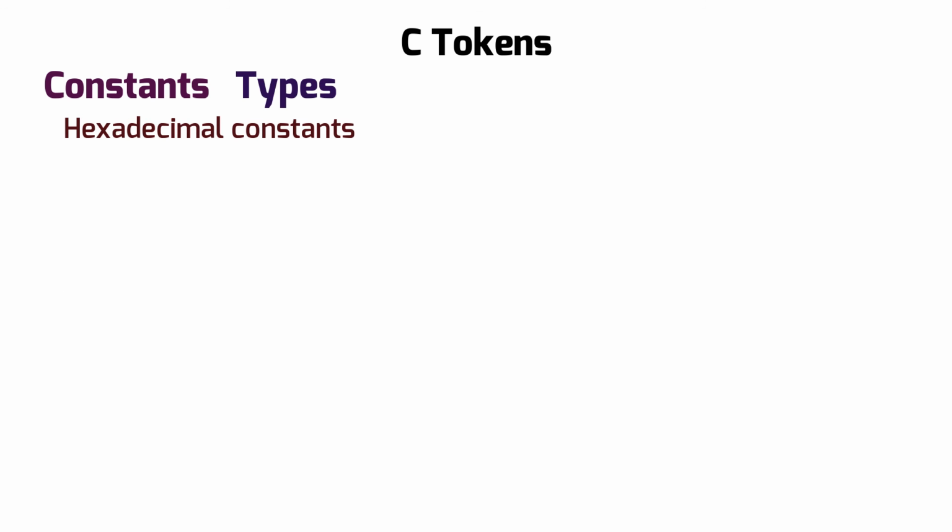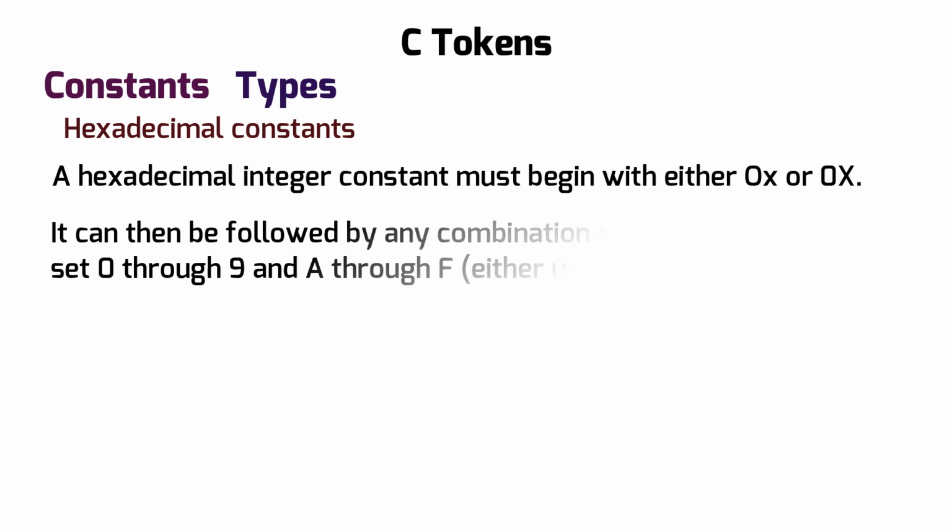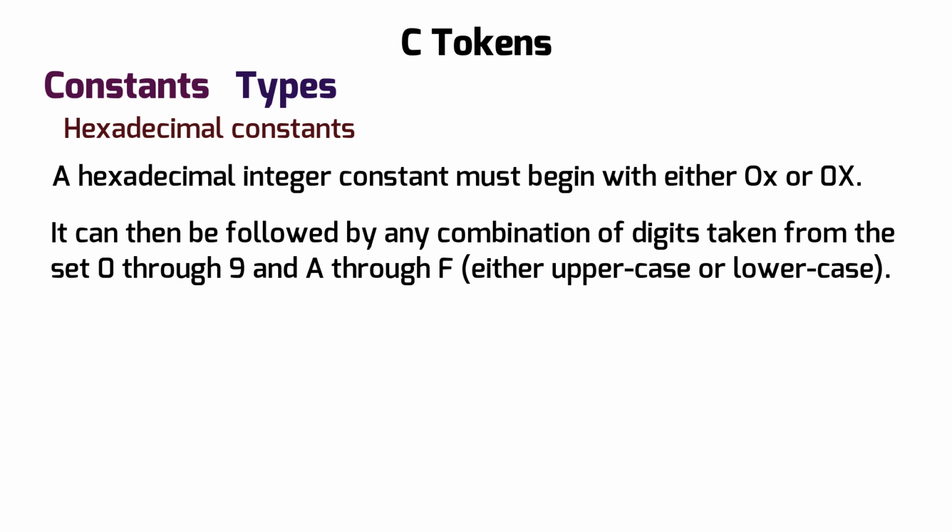A hexadecimal integer constant must begin with either 0x or 0X. It can then be followed by any combination of digits from 0 to 9 and A to F, either uppercase or lowercase. The following are valid hexadecimal integer constants.